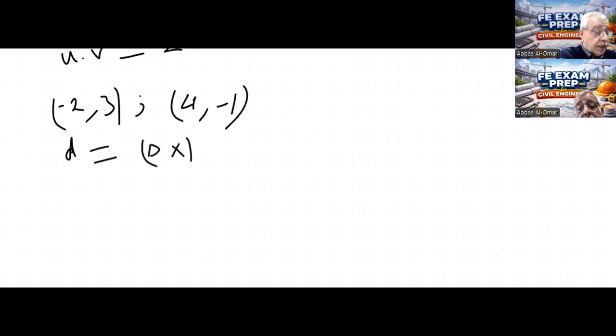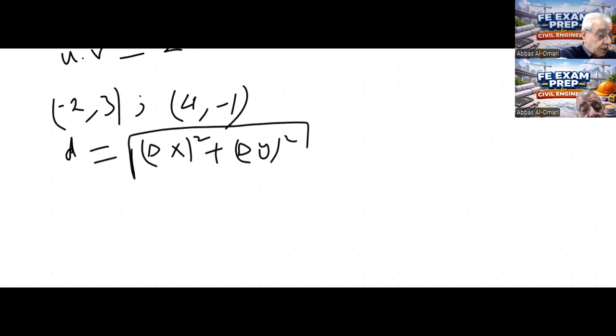Again, the distance between 2 points in the Cartesian coordinates is given by the Pythagorean theorem: d equals the square root of delta x squared plus delta y squared.